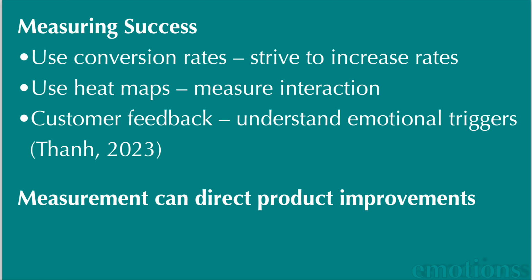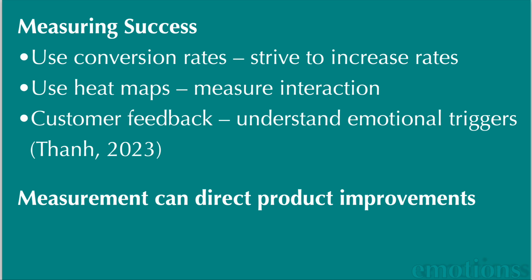Finally, measuring success. There are three different ways, and obviously there can be more, but here are three major ones for measuring how emotions are used in your design. You could use conversion rates. You want to see ideally that the ways that you're using emotion help to increase your conversion rates over time. That's a positive development.